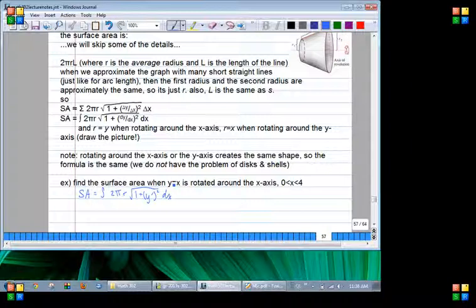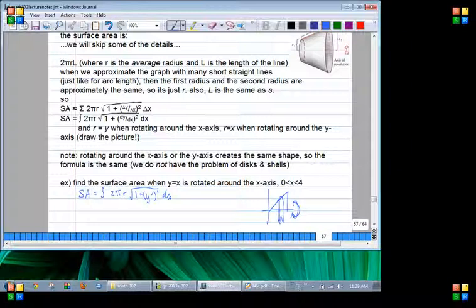Okay. So first I'm just going to write the general formula. And now I'm going to sketch the picture to help us think about it, from 0 to 4. What happens when we take a little dx and we rotate it around? What kind of shape do we get?